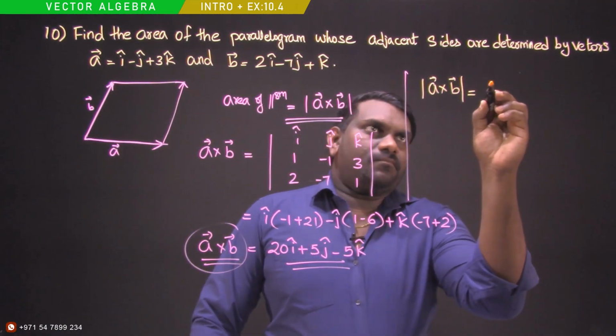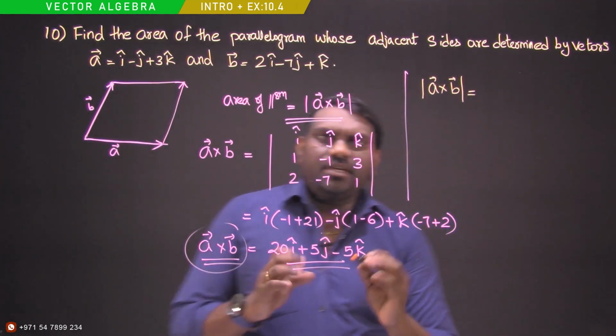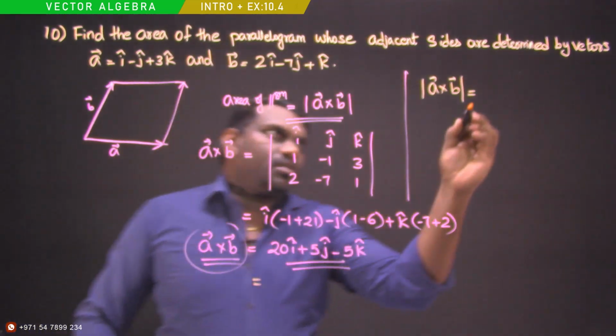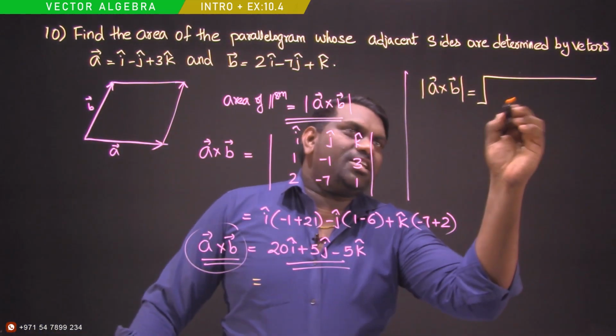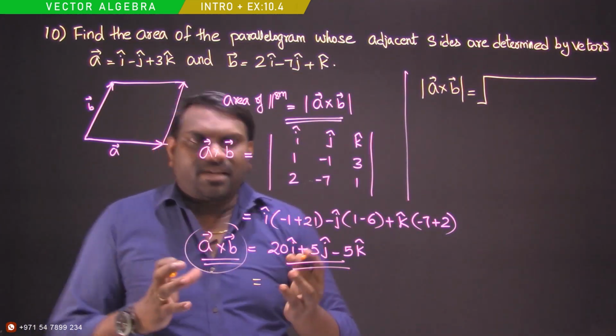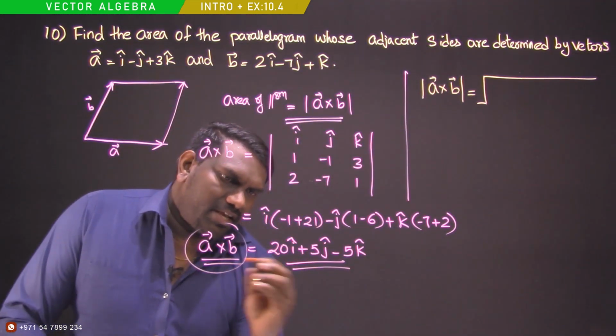Now what I do recommend over here is that, if you take the root of 20 square and all, it will become a much bigger value. They don't give it like that. So from here I can take 5 outside.